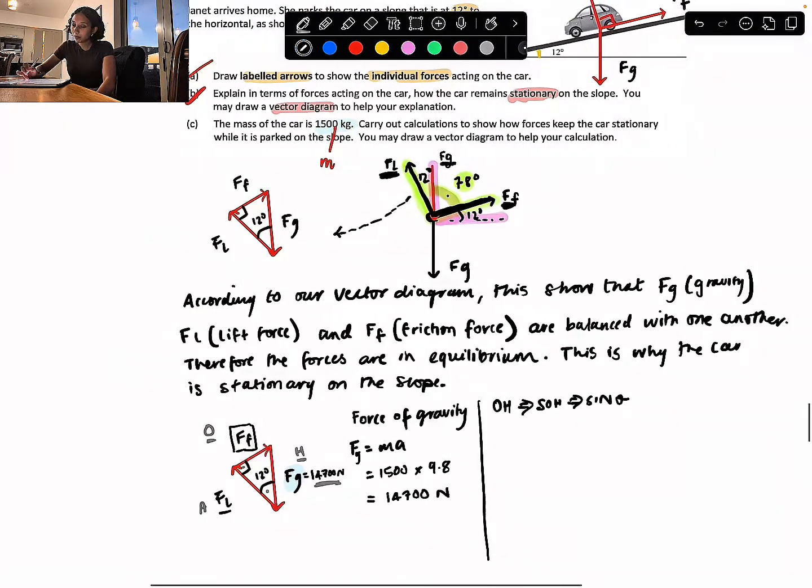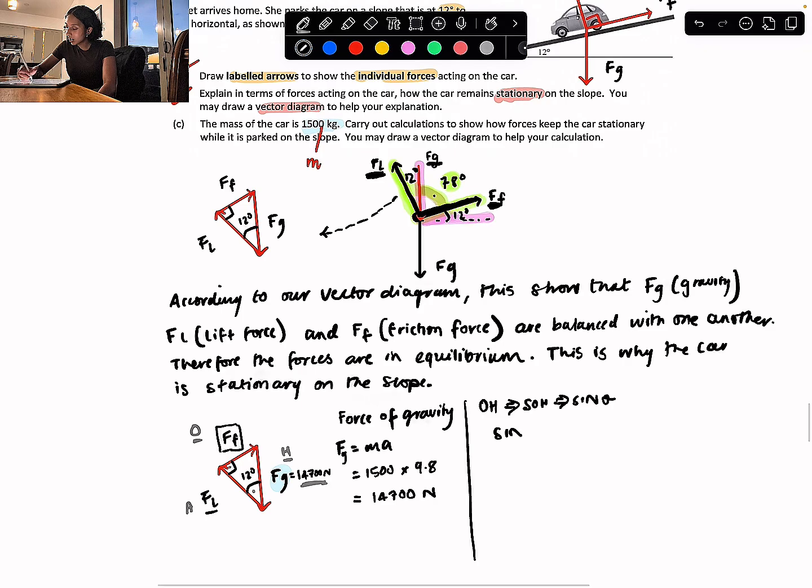So sine theta equals O over H. Substituting values in, I've got sine 12 equals O, which is what I'm trying to figure out, over H, which is 14700 newtons. I want to find out what O is, so I have to get rid of what's down here. So I times it by itself. I times the other side by the same thing.